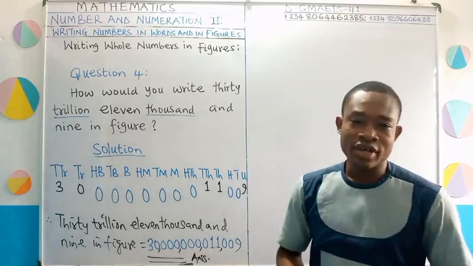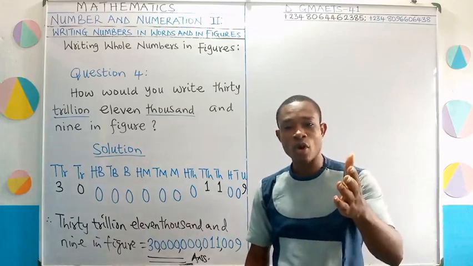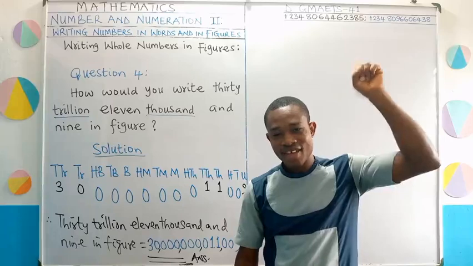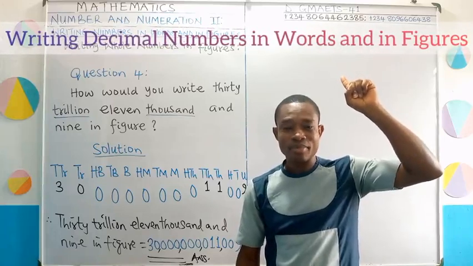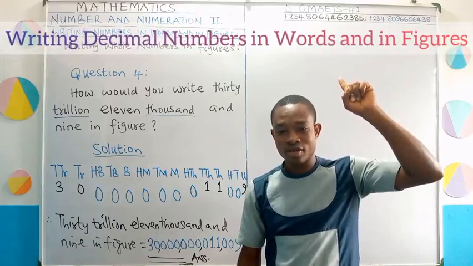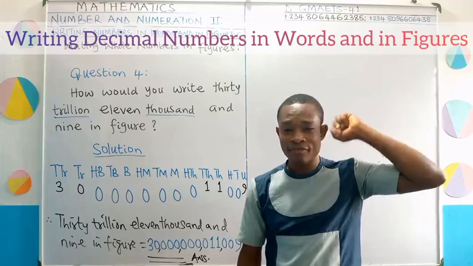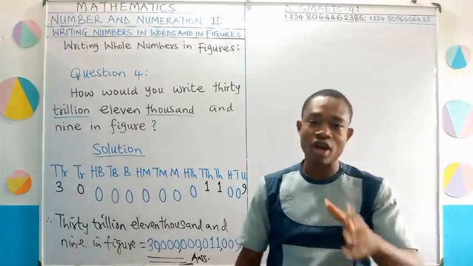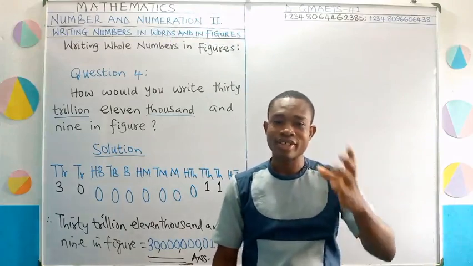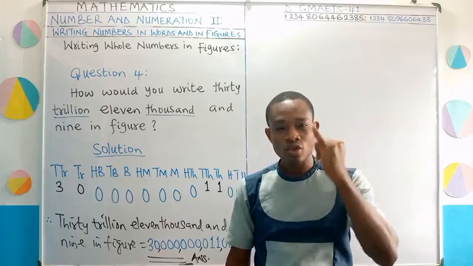I'll be meeting you in our next class. And what do we look forward to in our next class? I'll be teaching you how to write decimal numbers in words and in figures. After everything I've taught you so far, what's the point? That you don't need to forget your place value.